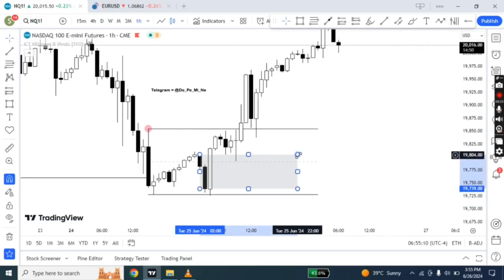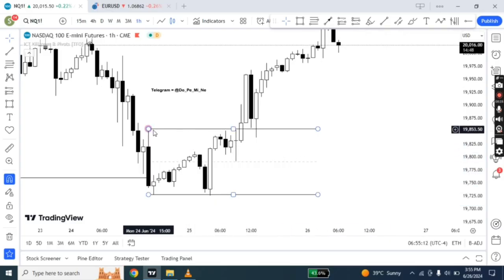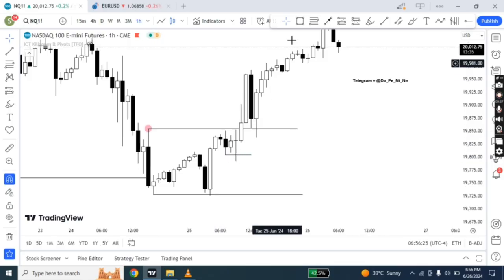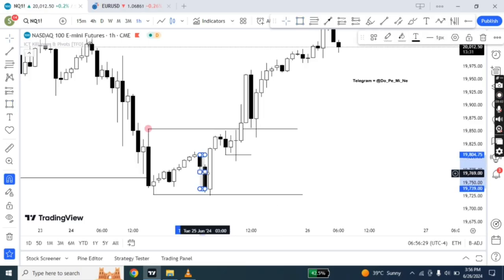I started looking for another potential trade towards that drawn liquidity on the 1 hour. For that, I started looking for a CRT, and I found this candle right here, and I chose this particular candle as my CRT. The reason I chose it is because of two predominant factors.